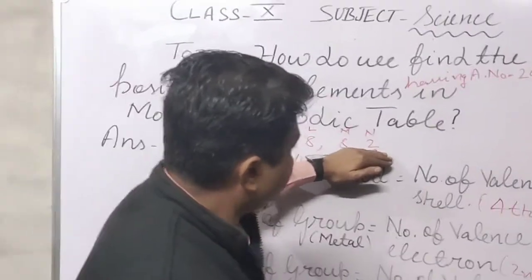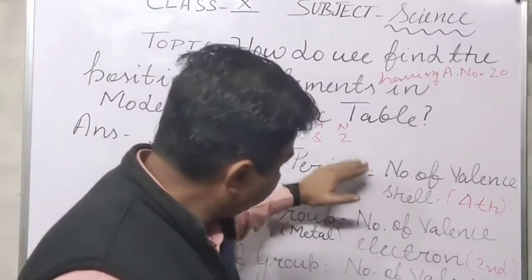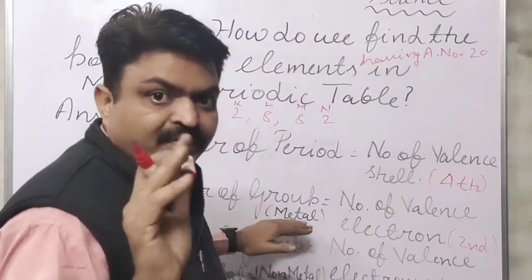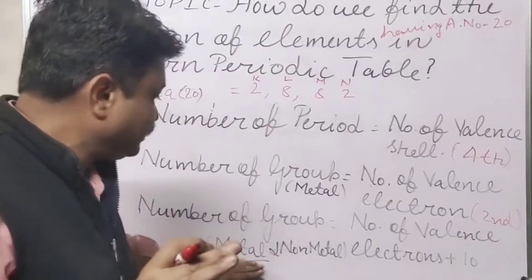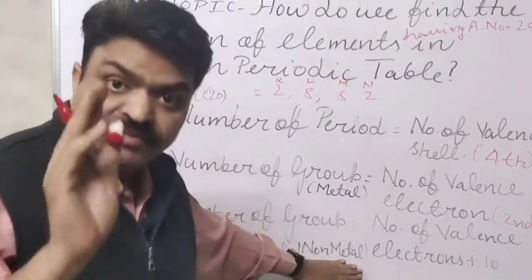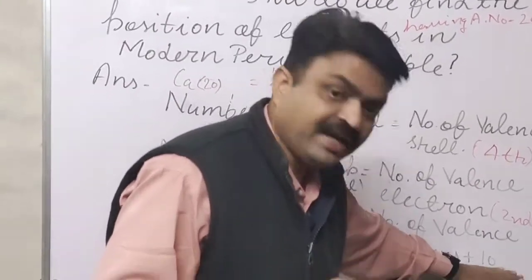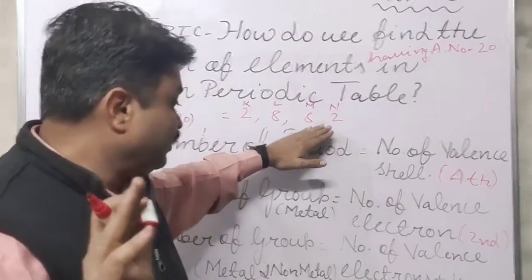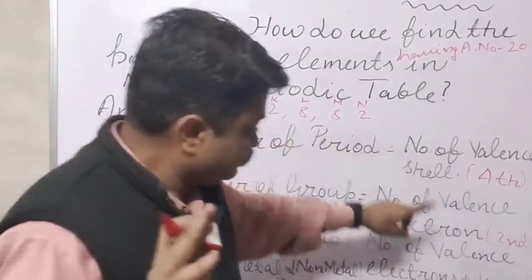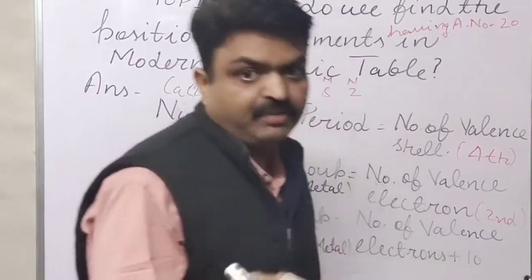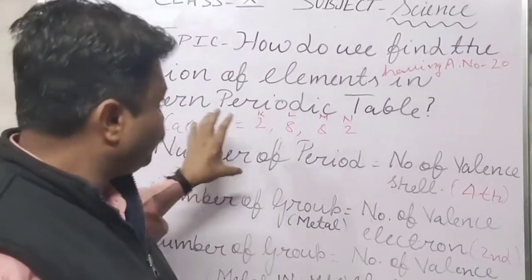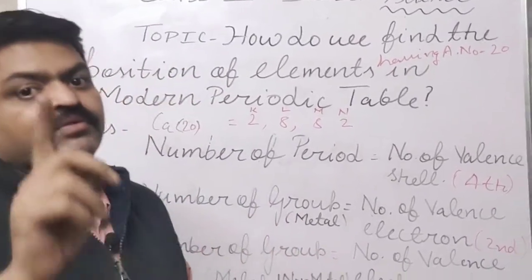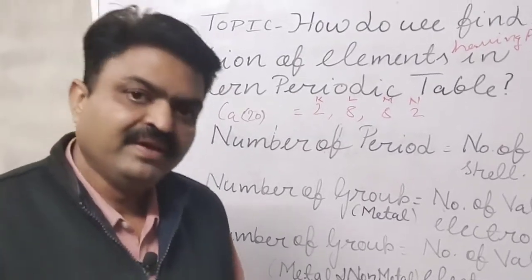With the help of that, we know the group in the case of metals. But in the case of some metals and all non-metals, we add 10 to the valence electrons. With the help of that, we can know the group and period of that particular element.